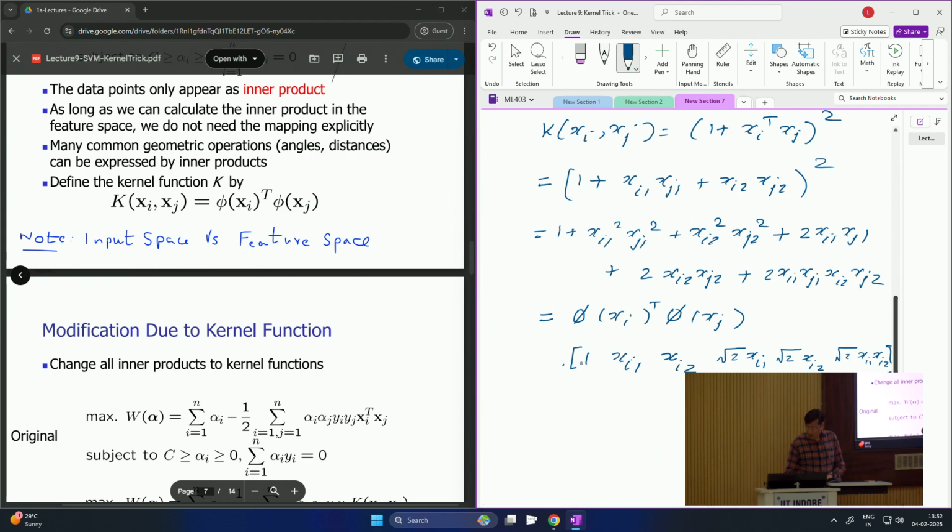It will be just j, right? So 1 into 1 will give me the first term. Then xi1 square, xi2 square, xj1 square, xj2 square.